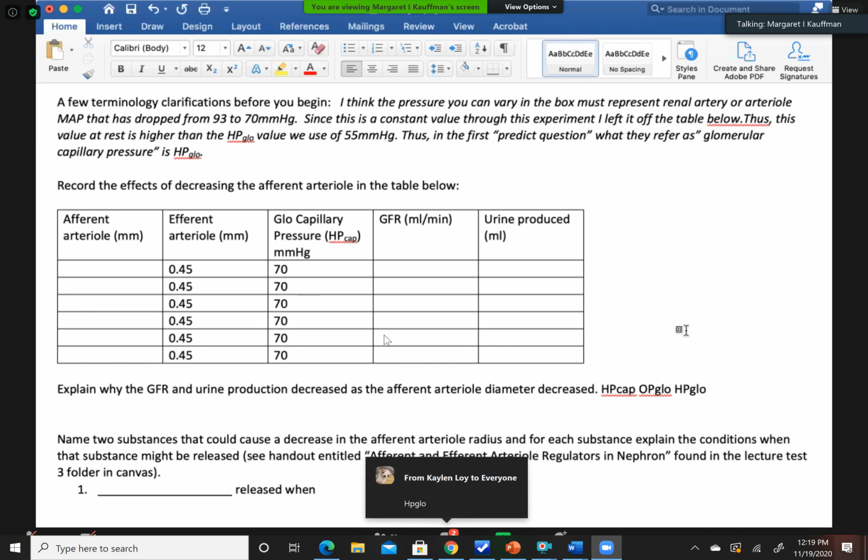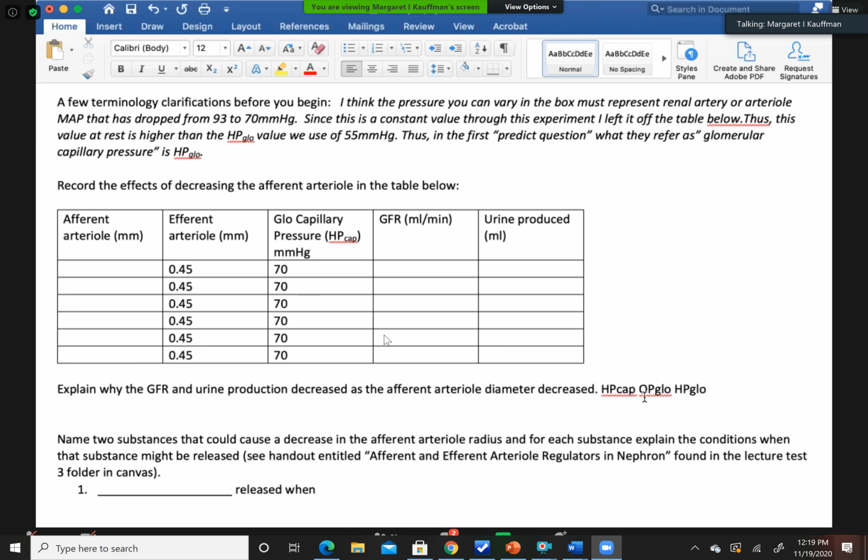HP glo, that's right. So this is a reflection of the hydrostatic pressure coming in due to more blood coming in. So if you lower the amount of blood going into that capillary bed, then you're going to lower the pressure of the blood in that capillary bed.